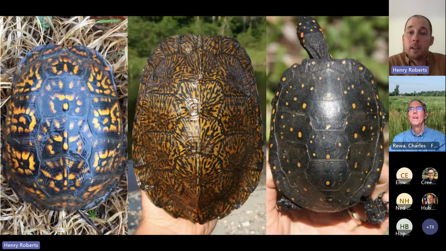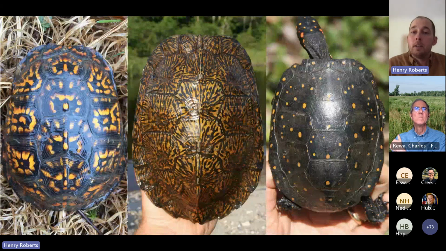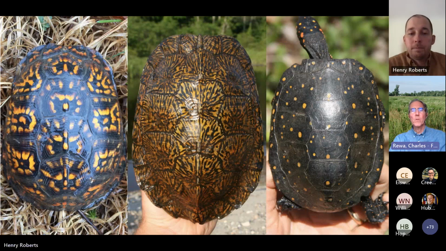Adult turtles tend to be fairly resilient, and I think they do tolerate some level of pollution. But I think the effect on, say, reproduction or other parts of their annual cycle could have potential negative consequences, although I don't know a ton about it. Yeah, there's probably a whole other field of research.